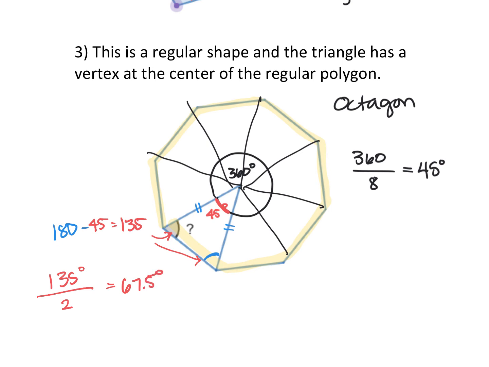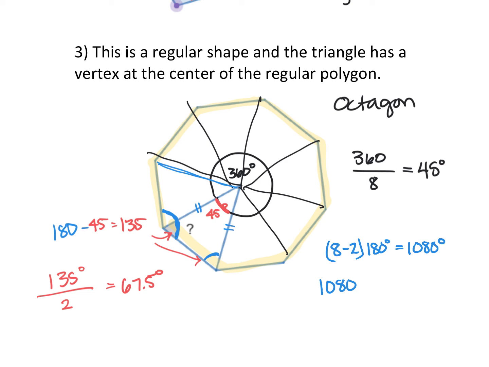Another nice way that I could get this is because I know that this is a regular shape. I actually know what this blue angle is, because if we took the octagon, so 8 sides minus 2, I could make 6 triangles out of this, times 180 would get us 1080 degrees.